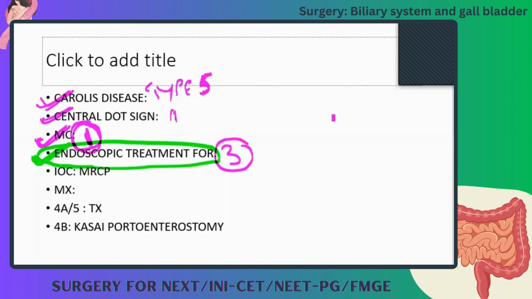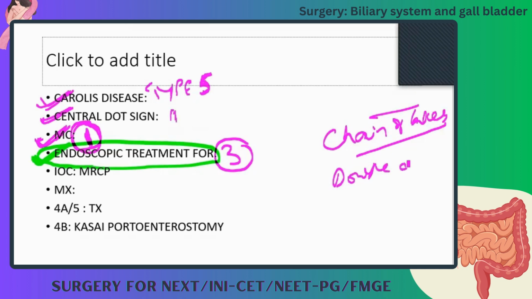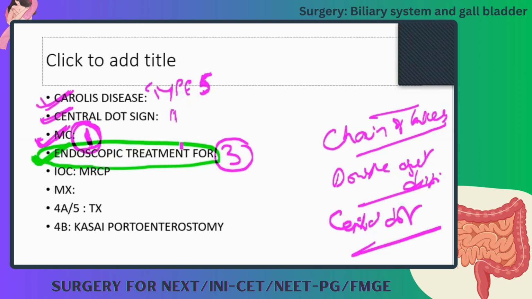So today we have covered 3 important signs: chain of lakes appearance in chronic pancreatitis, double duct sign in periampullary cancer, and here the central dot sign, seen in Caroli's disease, type 5.